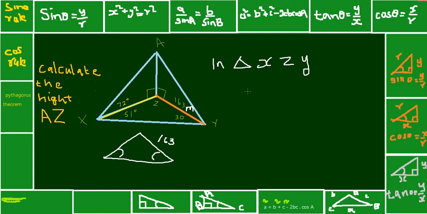So to find ZX, we'll say ZY over sine X equals ZX over sine Y, because each side has a distance and an angle.